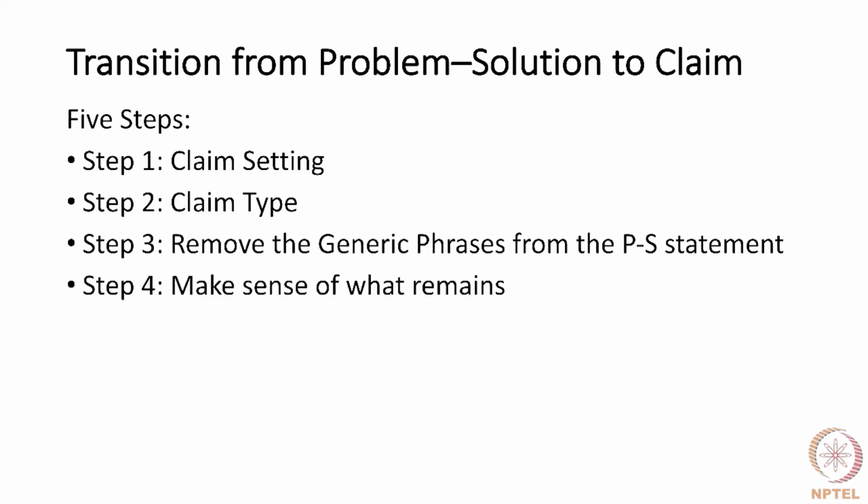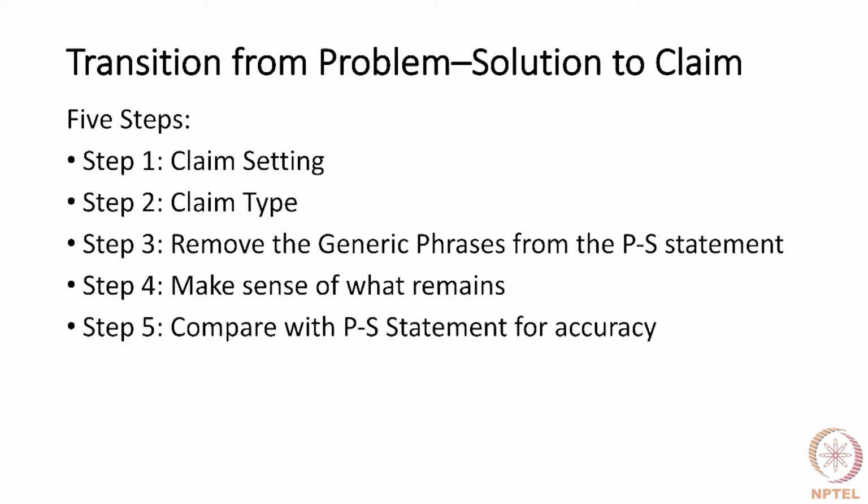Once you remove them, with what remains, you need to make sense of what remains. Many a times when you remove the generic phrases, it may not be sufficient to make complete sense. So you may have to juggle sentences, phrases, you may have to add certain transition terms. All this is done in step 4, where we make sense of what remains.